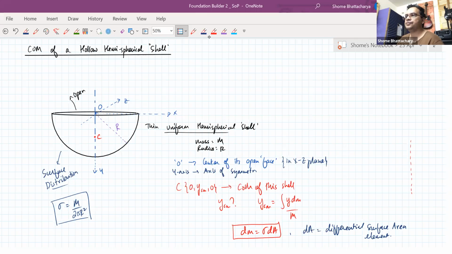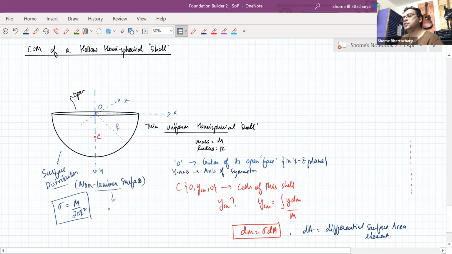Okay. So it's a surface distribution, but it's a non-laminar surface. It is not lying on a two-dimensional plane. Non-laminar means it is not on a 2D plane, but rather it is a curved surface in 3D.